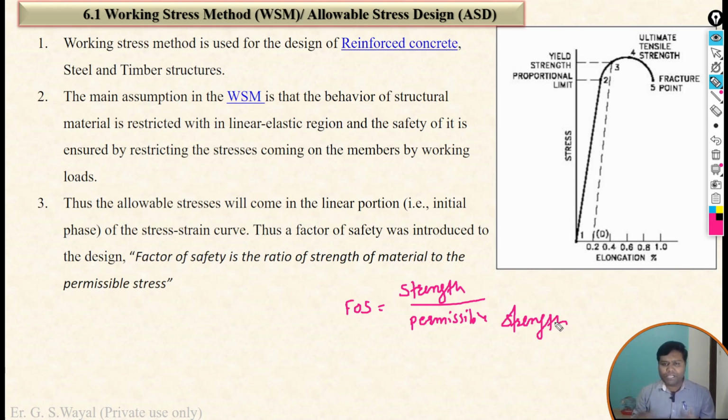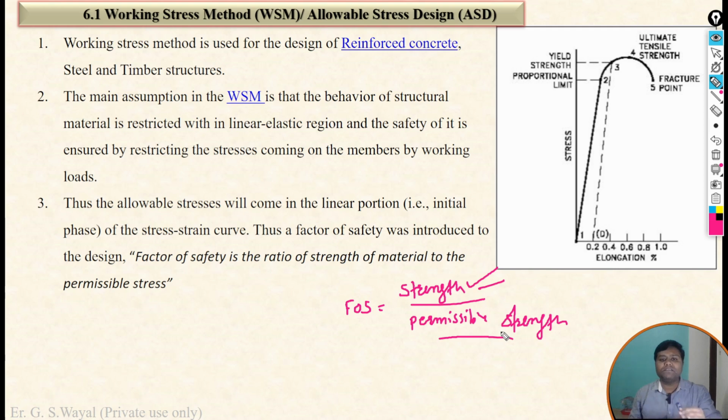Basically, for the design of any member, what we are considering? We are considering the actual strength of the member, and then we are comparing that actual strength to the permissible strength. Actual strength means what? The strength which is produced due to the actual loading and the end conditions of the beam, that is called the actual strength, or in simple form, we can say the strength produced due to the actual loading. And the permissible strength is what?